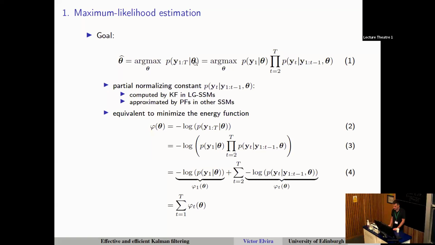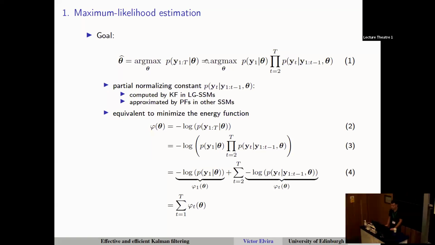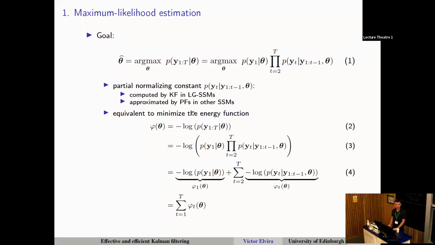In maximum likelihood, which has its own problems, if you find the theta that maximizes this function, then you're finding the maximum likelihood. Then it's very simple to see that maximizing this likelihood is going to be the same as minimizing the minus log.